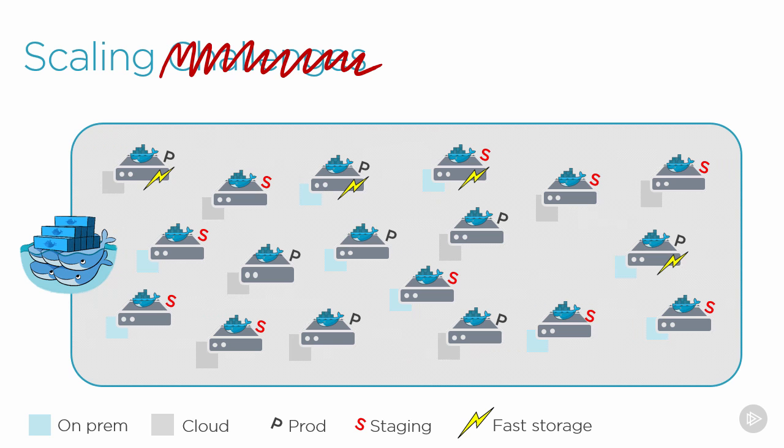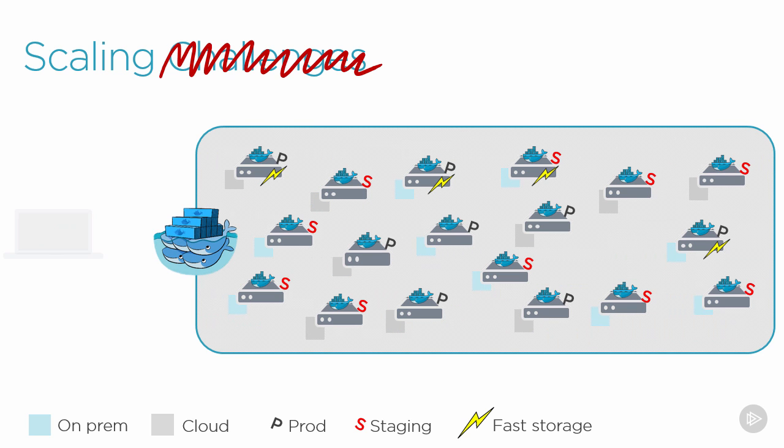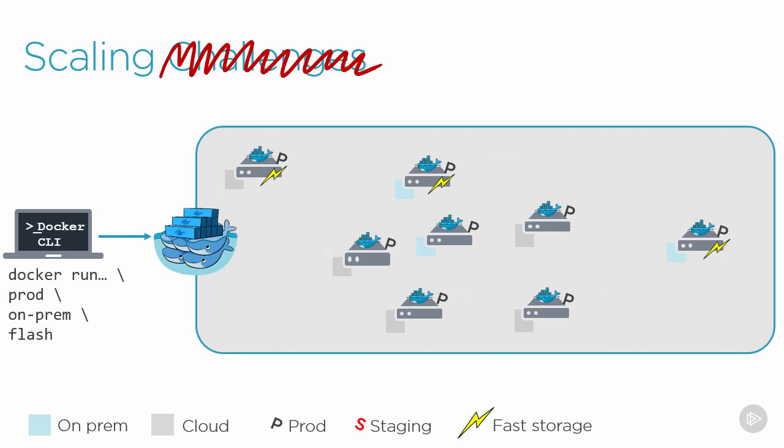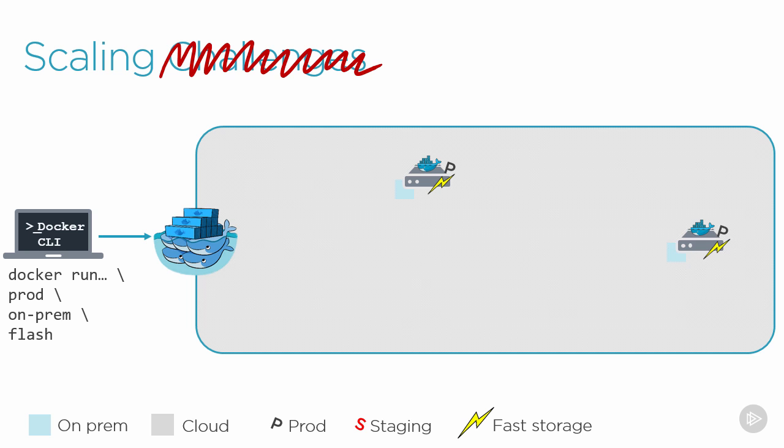Whatever, yeah? Then, when a new container needs starting in the cluster, we just say, okay, start this old boy on a production system, on-prem, with shiny fast storage. Then we throw the command at Swarm and let Swarm take care of filtering out the nodes that don't match those requirements. And then from the list that's left over that do, Swarm even picks which one to deploy on.